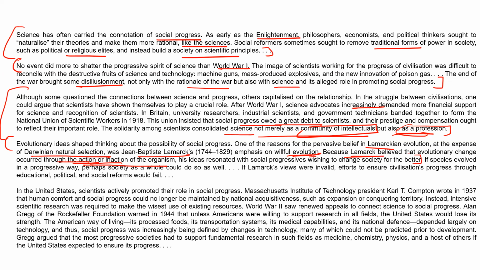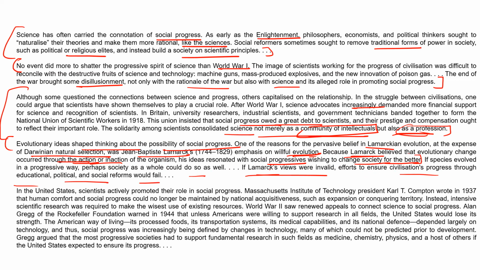Lamarck's views then resonated with these social progressives, who said that as society wishes to change for the better, it will find various ways. So evolutionary ideas shape thinking about the possibility of science and social progress. If species evolved in a progressive way, perhaps society as a whole could also do so. If Lamarck's views are invalid, efforts to ensure civilization's progress through educational, political, and social reforms would fail.